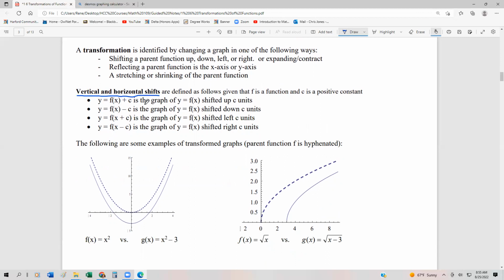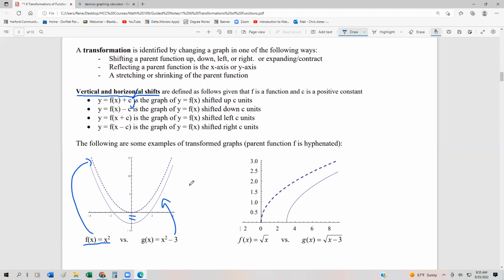If there's a number on the outside of parentheses, a constant, and we either add or subtract, that's going to move the parent function up or down c units. So if I had x squared plus 1, or even in the diagram below, x squared minus 3, f of x is x squared. And remember, this is the parent function, the one that's hyphenated. The transformed function just moves down 3 units.